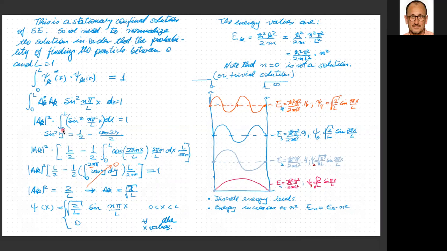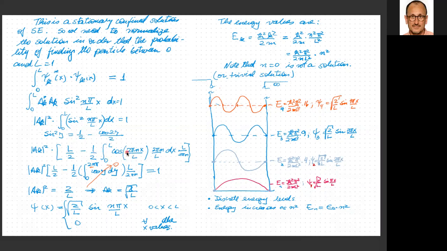And I am integrating between 0 and L. Essentially, the fluctuating term, which I'm integrating over a complete period of 2 pi in y, is cosine y, and this is going to be 0.